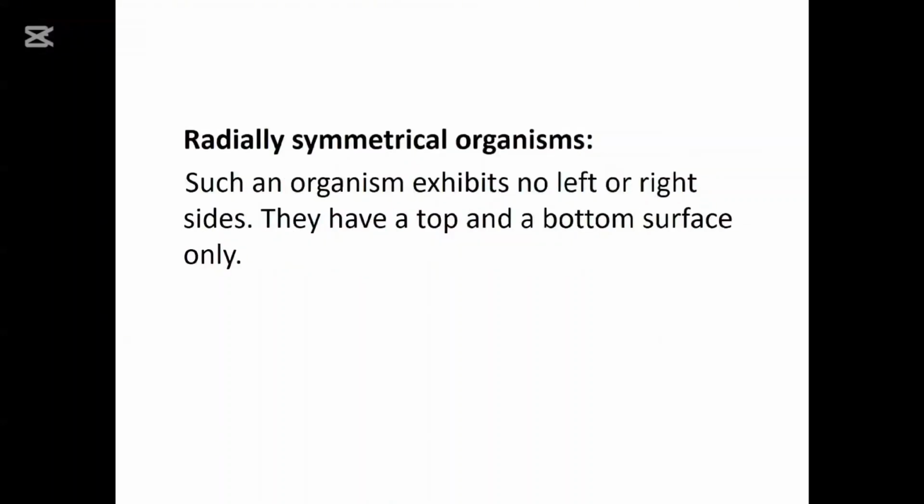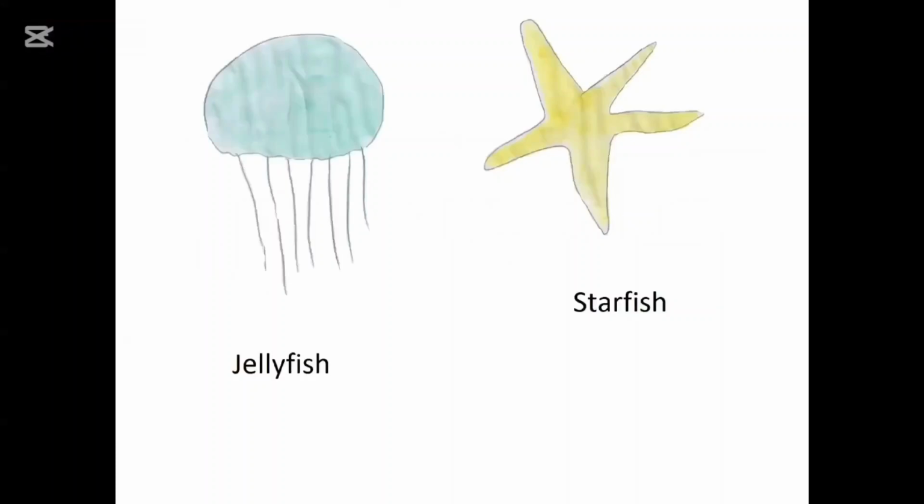What is a radially symmetrical organism? Such an organism has no left or right, they only have a top and bottom surface. Like these two organisms you are familiar with, jellyfish and starfish. Of course, jellyfish is not a fish and it's not made of jelly, nor is the starfish a star or a fish.